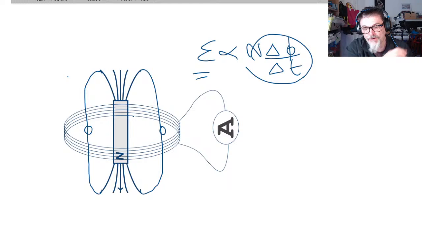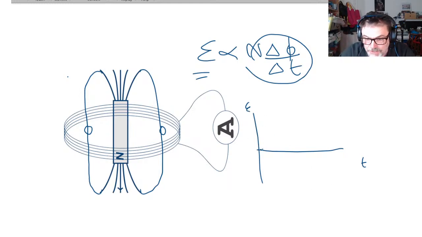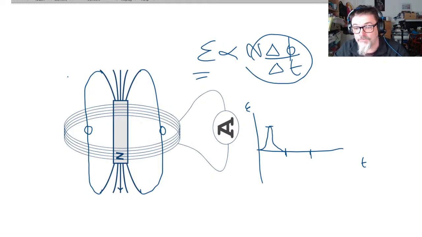So this is a real great question, because what you end up with is, if this is time and this is EMF, as the magnet first moves in, you get something like a spike like this happening. So this is the point where the flux is changing really quickly, and then we get a middle section where the magnet's going through, rather like I've drawn it now, where there is no rate of change of flux.